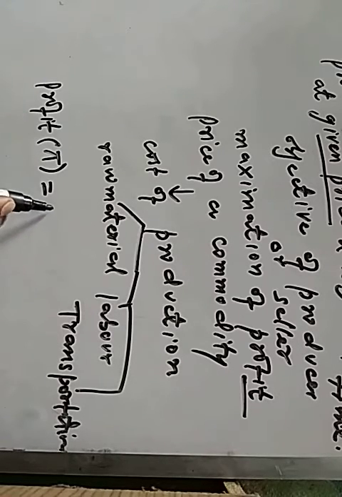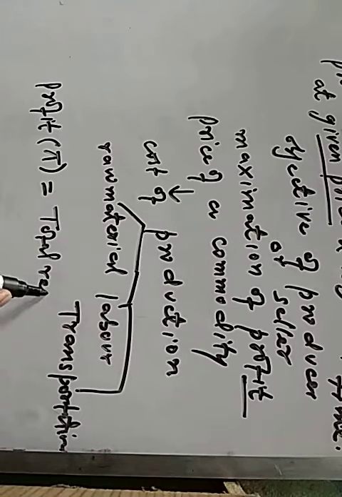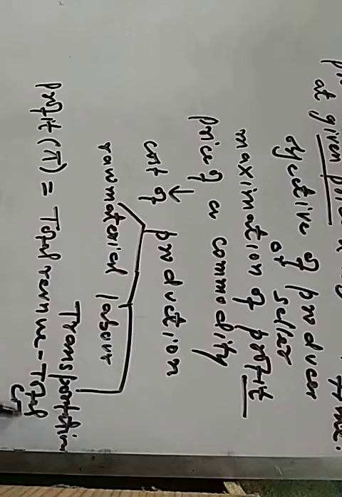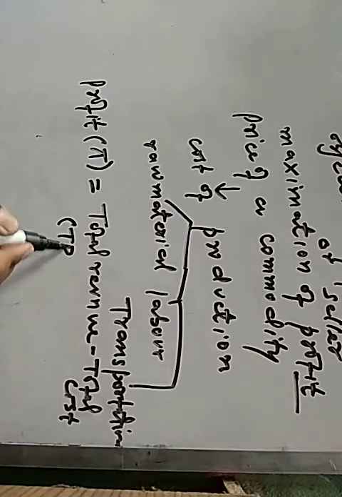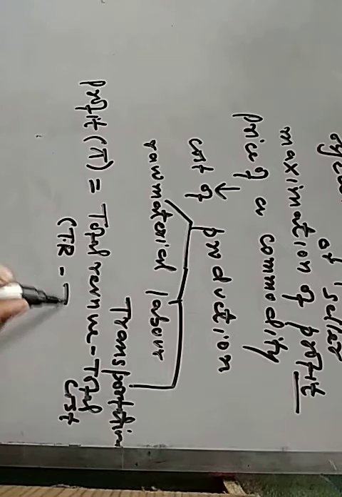It is the difference between total revenue minus total cost. Total revenue TR and total cost TC.